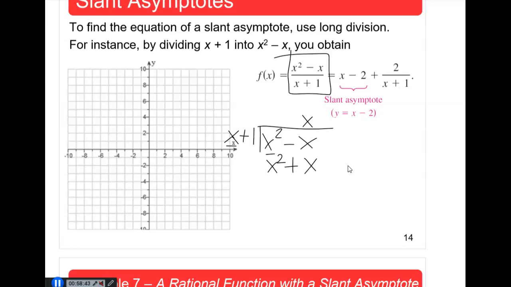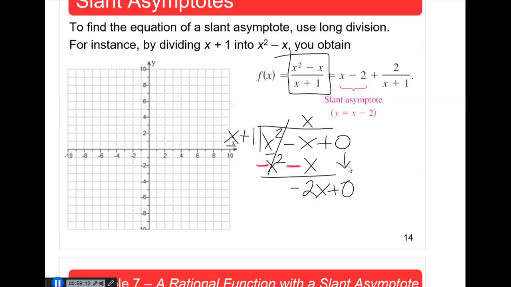So then I have to change the signs because I'm subtracting, so that goes to negative, and this one also goes to negative. Then I have to combine like terms vertically. The first two cancel. Here I have negative 2x. And then I don't have any more terms, so I'm just going to assume I have a constant term of 0.